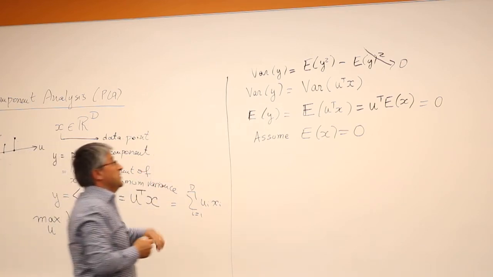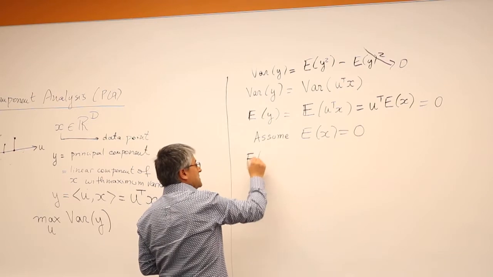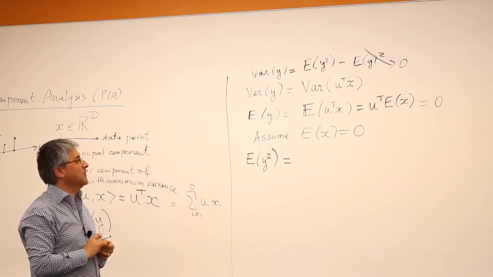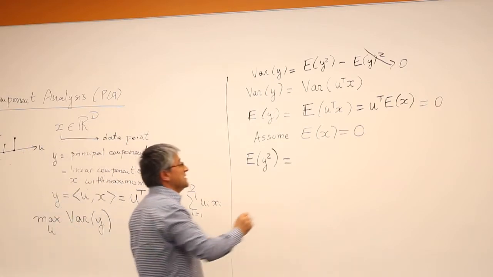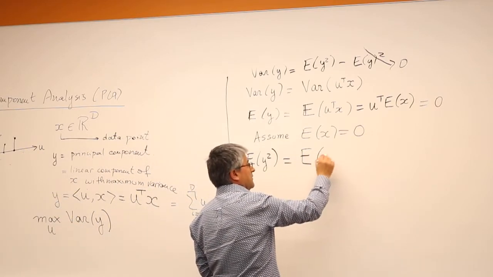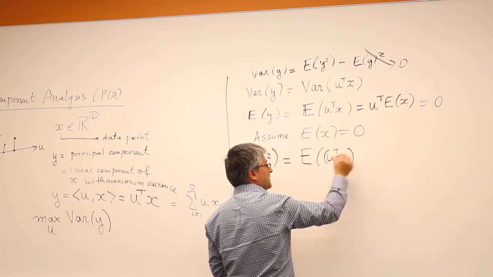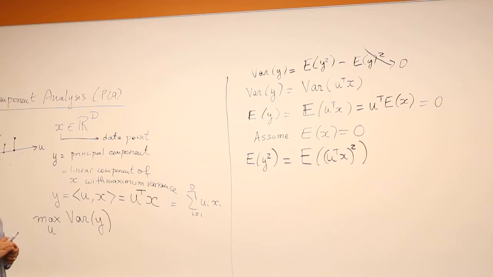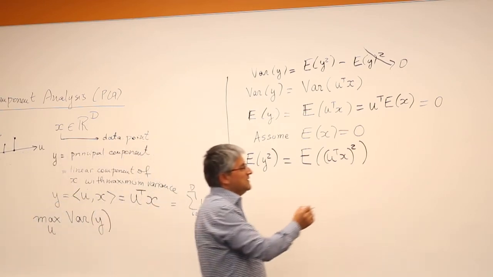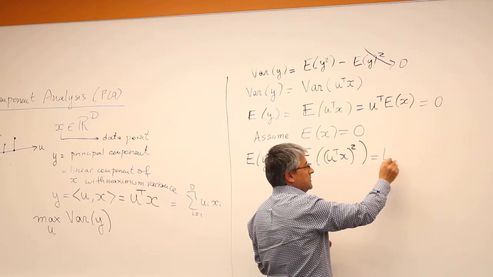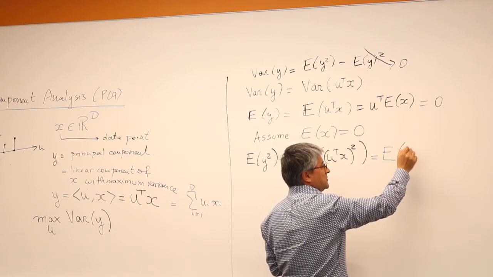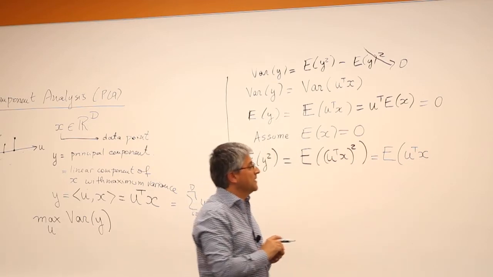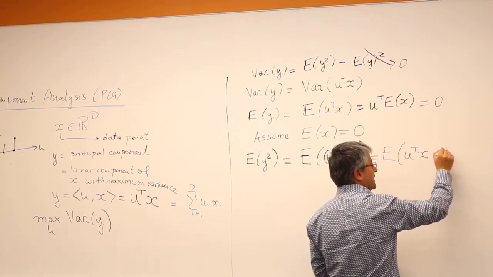So now I'm going to compute the expected value of y squared. That's going to be the expected value of u transpose x squared, right? Now I'm going to do a tiny trick: I'm going to write this as u transpose x times x transpose u.